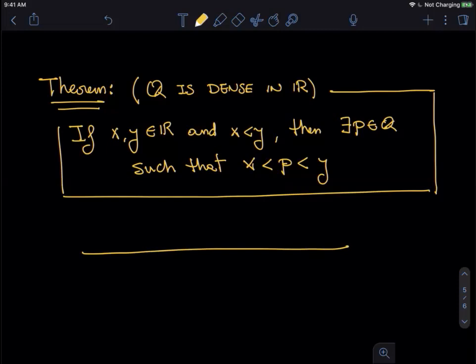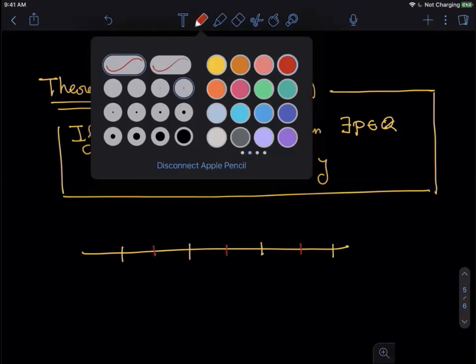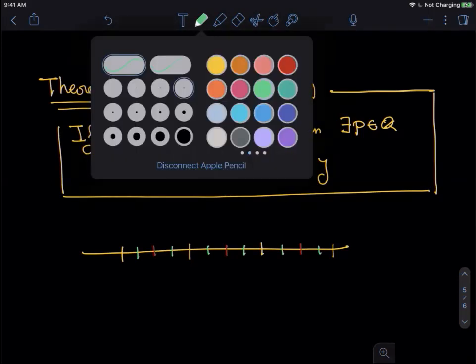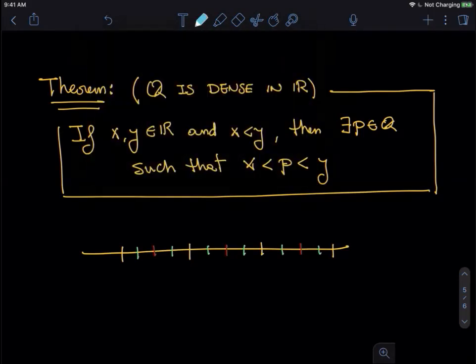So what does this mean in practice? You can have real numbers here. That means that in between them, there is always a rational number, but rational numbers are also real numbers. So then in between all these, we can find rational numbers. But then all these are again real numbers. So in between all these, we can find more rational numbers.